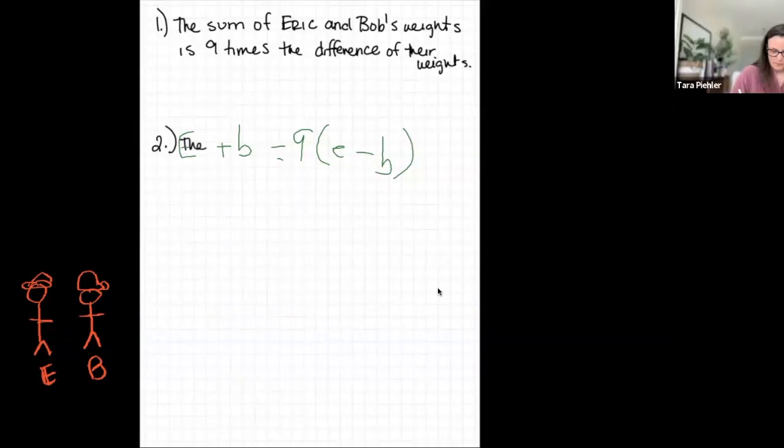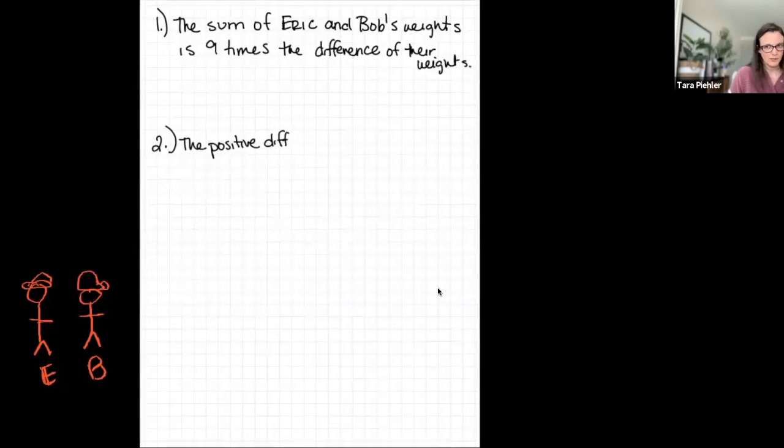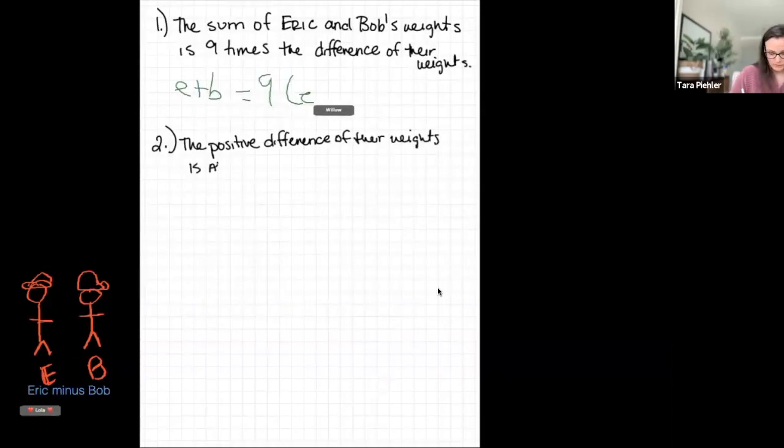It's going to be the positive difference. This is just to say if you switch the numbers, it's the positive version. Meaning if you subtract them and it's a negative number, the positive difference of their weights is also, so this also has to be true, 240 pounds less than the sum.